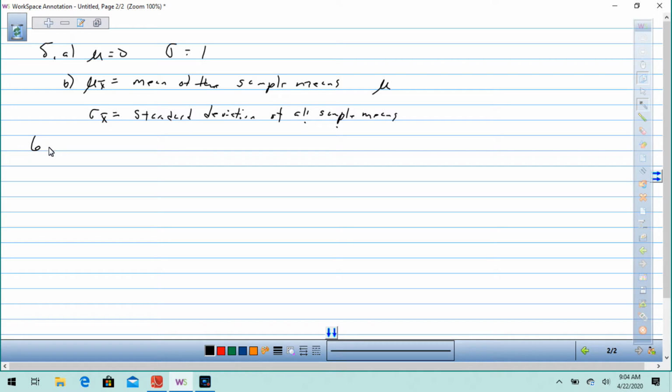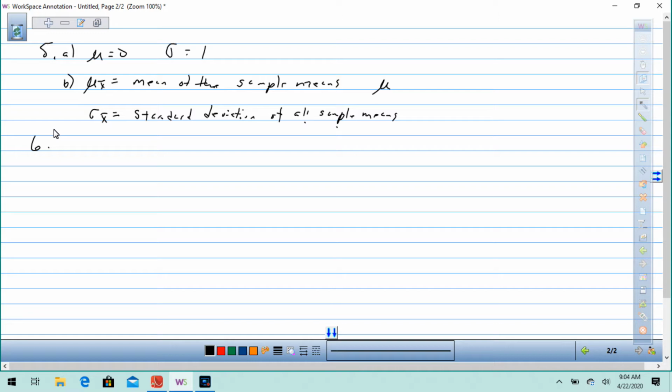Six, diastolic blood pressure. Find the probability that a randomly selected woman has a normal diastolic blood pressure level, which is below 80 millimeters.